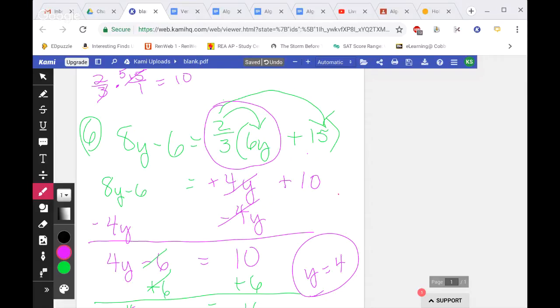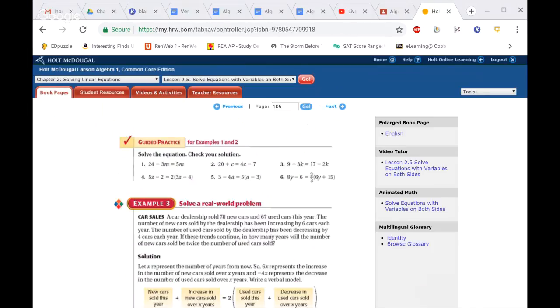I have a question on number 1. Okay, let me take a look at it. Number 1, 24 minus 3m equals 5m. Do you subtract 5m or do you add 3m?